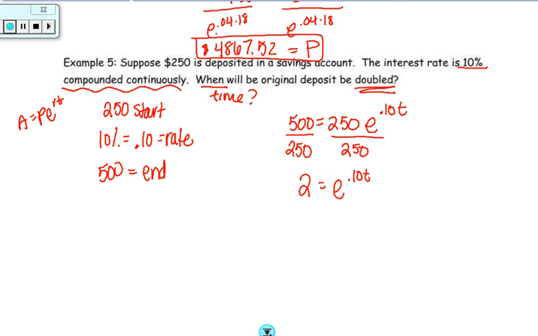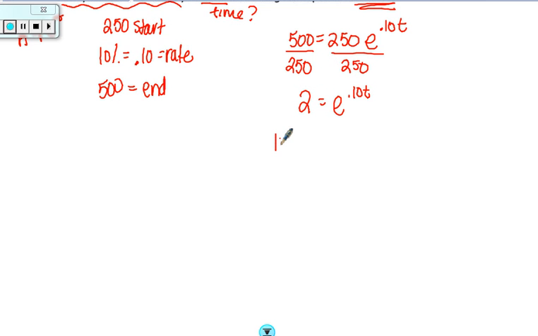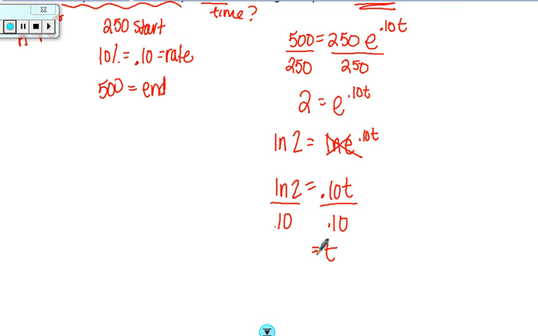Well, how do I get that exponent out of the e? I would take the natural log of both sides. The natural log of 2 equals the natural log of e to the 0.10t. And what do we know about the natural log of e? It's going to get dropped out of my problem. So solving for my time, I would divide both sides by 0.10, and then I would go to my calculator.